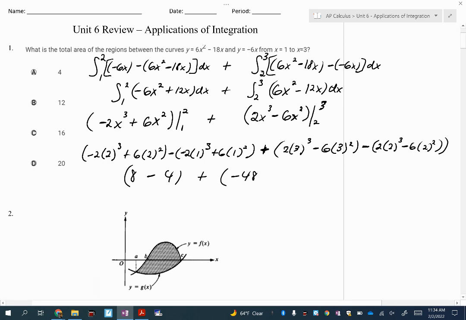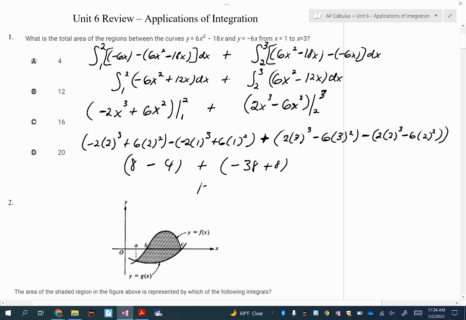That's not right. Negative 38. And then minus 8 times 2 is 16, and 2 times 2 is 4, 4 times 6 is 24, 16 minus 24 is negative 8, so that becomes plus 8. So that's going to be 4 plus negative 38.